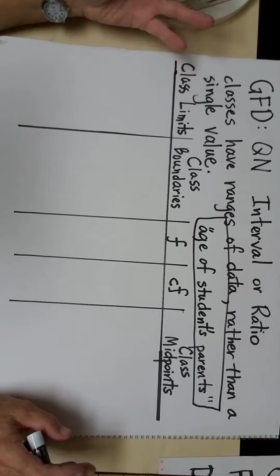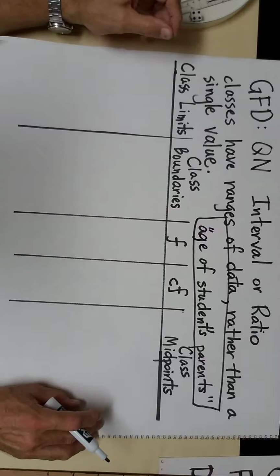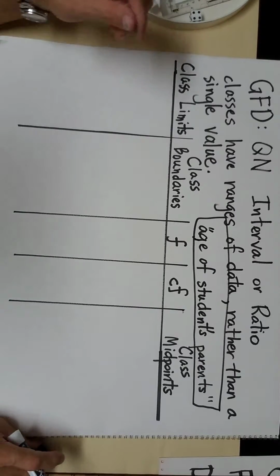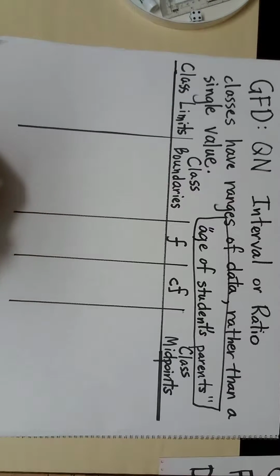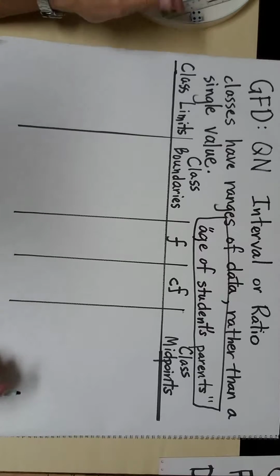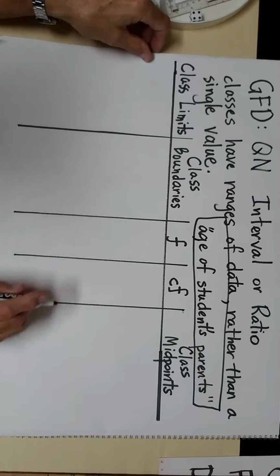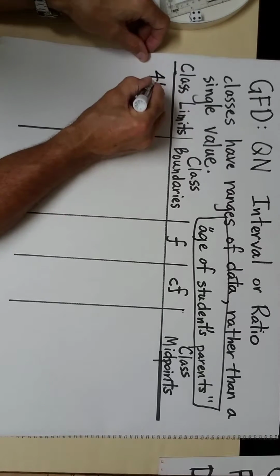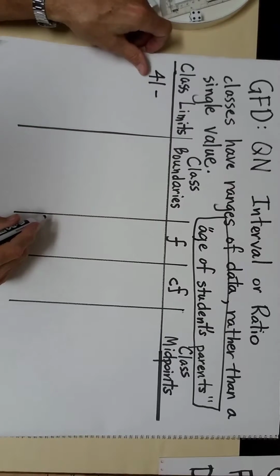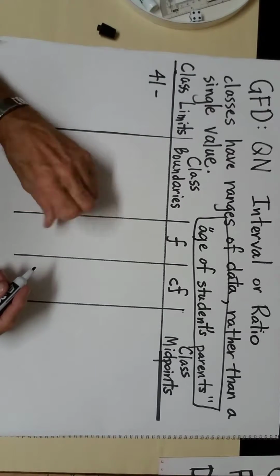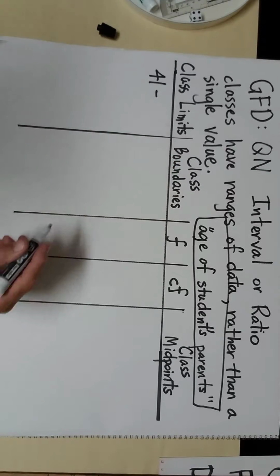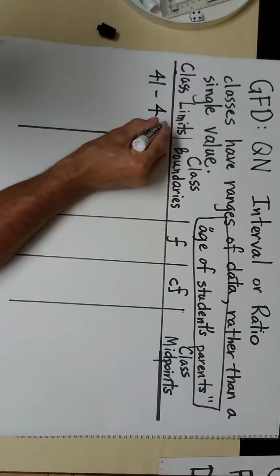Typical college students are 18, 19, 20, 21, 22, which puts your parents somewhere in the late 40s to mid 50s perhaps, maybe 60. So let's start out with an age of 41. And suppose in this group we have someone who is 41, 42, 43, 44, 45. So we go from 41 to 45 in this group.